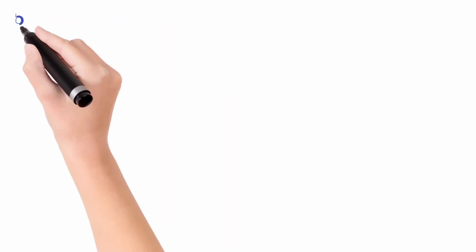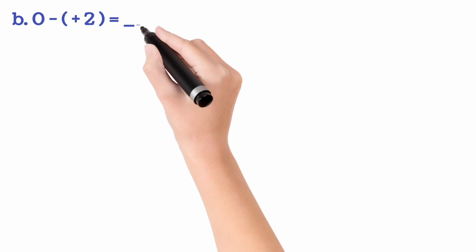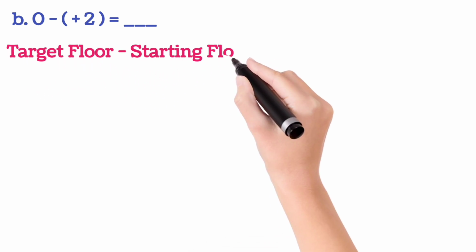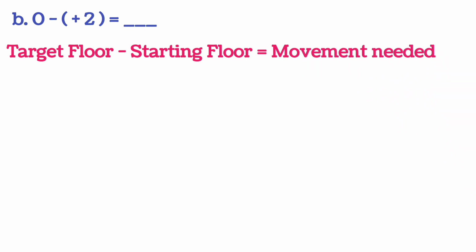Now go for the next sum, that is 0 minus plus 2, meaning your target floor is the ground floor and at present you are on the second floor. Okay, so write this: target floor minus starting floor equals movement needed. Your target floor is what? 0, meaning ground floor.